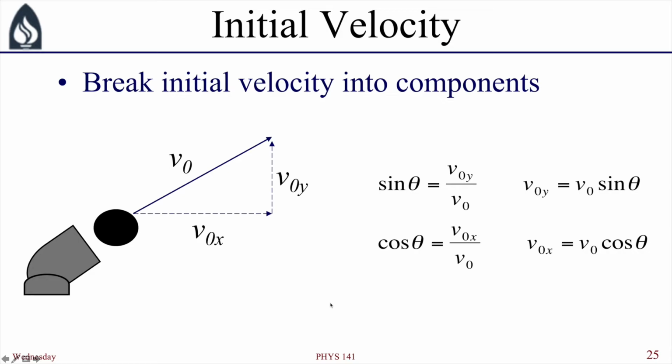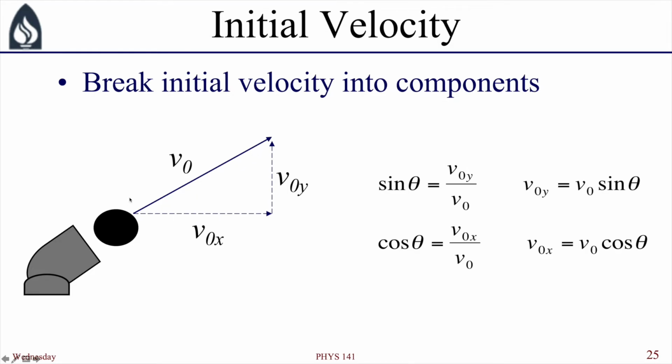Now when we have a parabolic motion problem, one of the things that we'll typically have to do is break the initial velocity into x and y components, so that we can then write down equations that apply to the x and the y directions. Often our initial velocity will have some component in both directions.